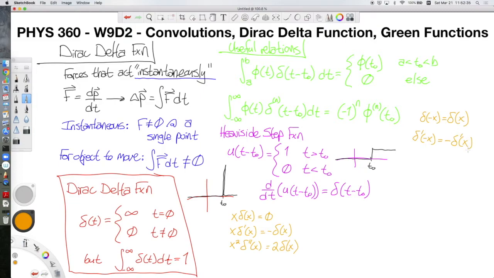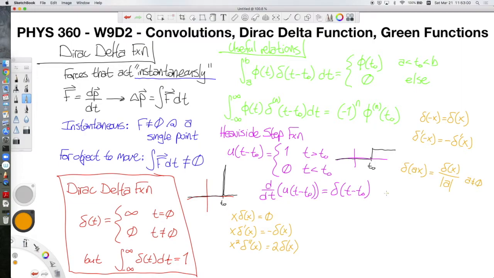So even-numbered derivatives of the delta function are even functions. Odd-numbered derivatives of the delta function are odd functions. If you have the delta function of some constant scalar a times x, that becomes just the delta function of x over the absolute value of a, where a cannot be equal to 0.